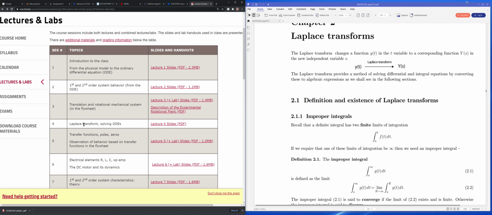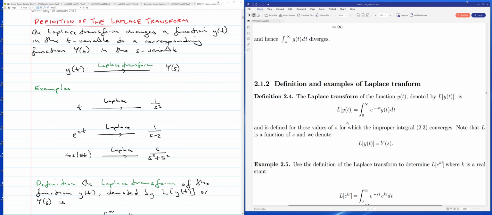So this is our definition of the Laplace transform. To get the Laplace transform of a function of t, you're going to do it via an integral over here. So you have your function of t, y of t, and to get the Laplace transform of y of t, this is one notation that we would use: you'd have square brackets and you're taking the Laplace of y of t.